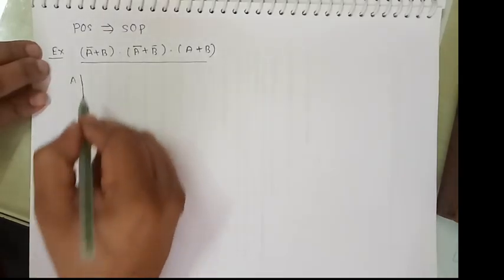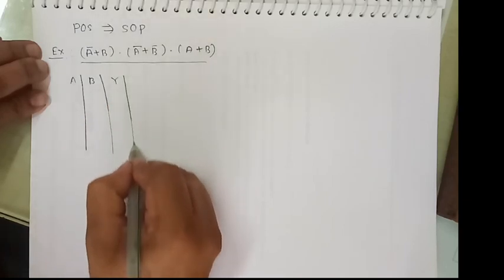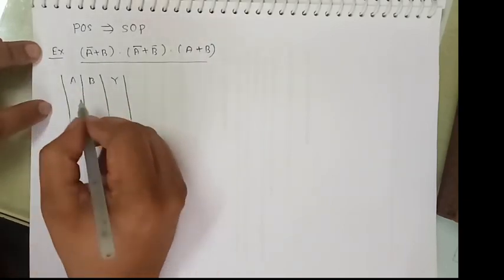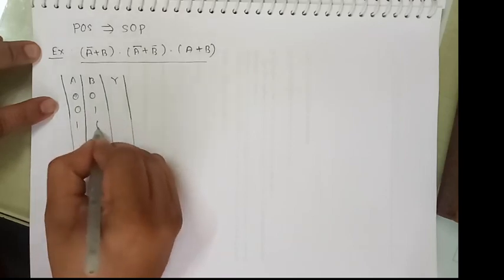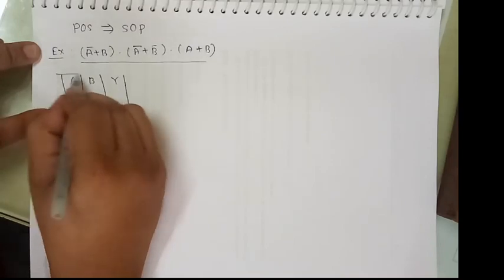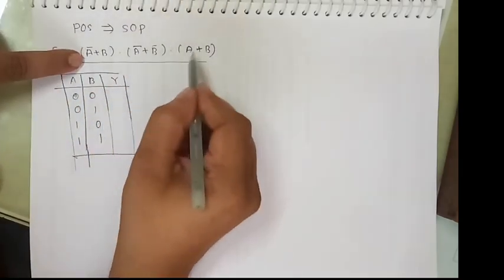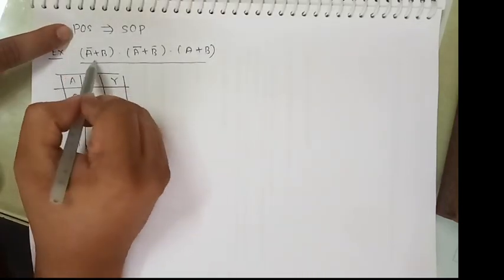So let us draw the truth table. Input variables A, B and output Y. The possible cases are 0 0, 0 1, 1 0, 1 1. Now for these terms we have to put Y equal to 0, because this is a POS equation.